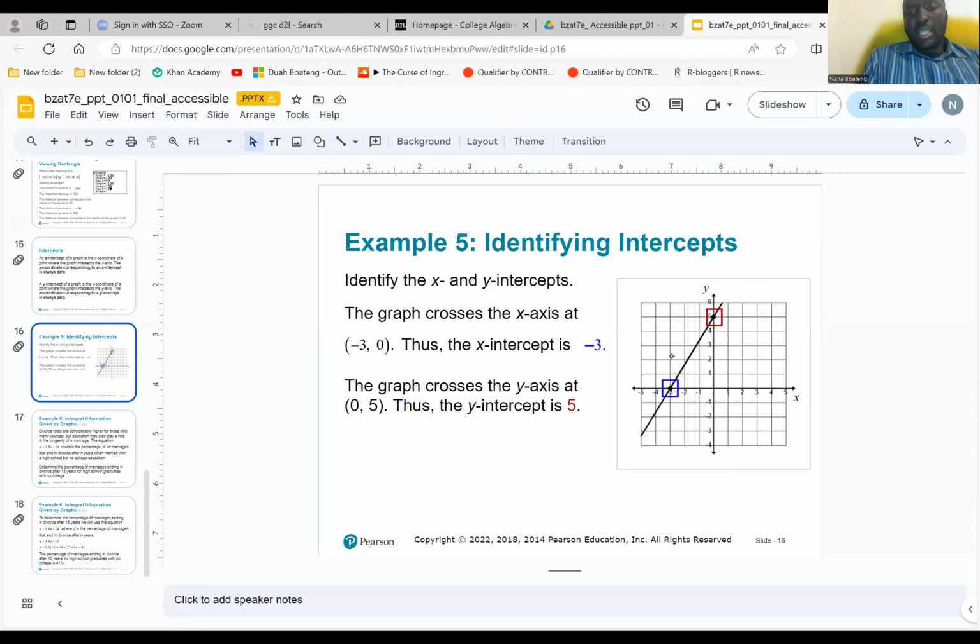So you can see here, the x-intercept is the point -3, and the y value component is 0. And the point 0, 5 is the y-intercept and the x value is 0. So you have 0, 5, which is the y-intercept, and -3 and 0, which is the x-intercept.